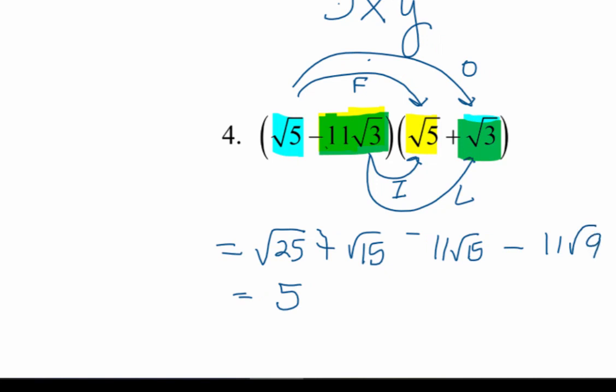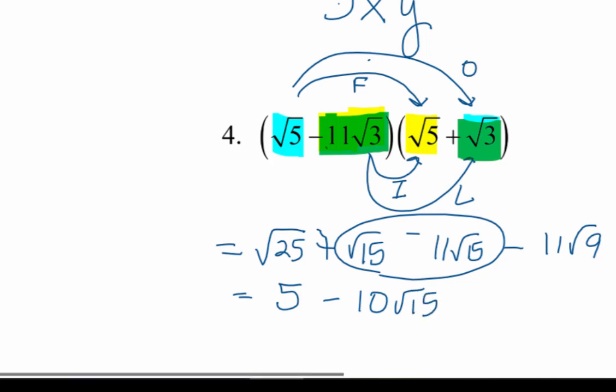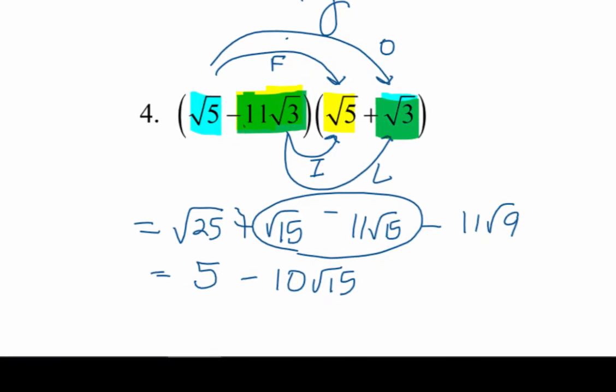Okay, so in here, if you notice, we have these two like terms. So these are the like terms. That's a positive root 15 and a negative 11 root 15. So that would be negative 10 square root of 15. And then the other thing I want you to notice is over here, you've got that root 9, right? Square root of 9 right here.